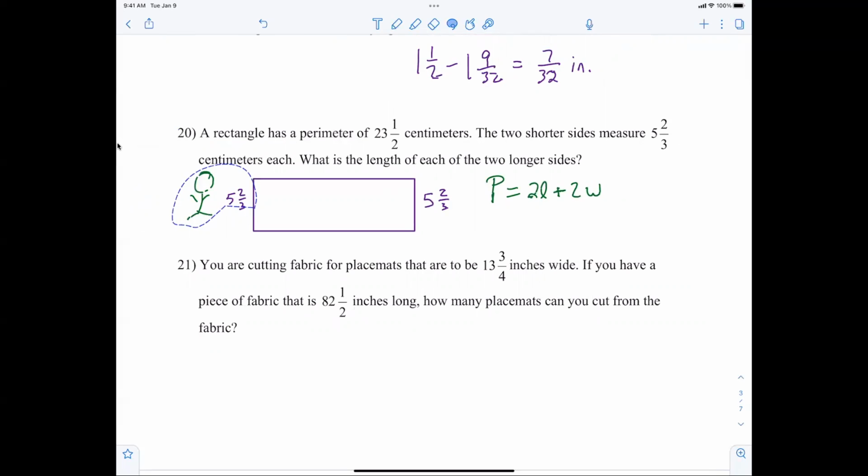That's distracting you. Put it up. How did you get that? Wow. 10 and what? All right. So now this whole length from here to here and here to here is 10 and 1/6.